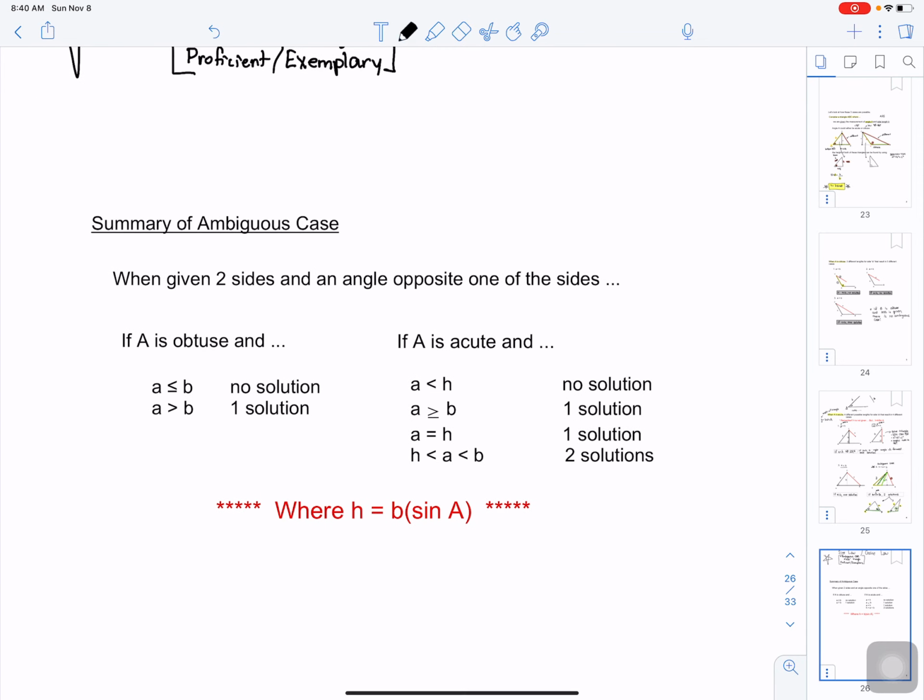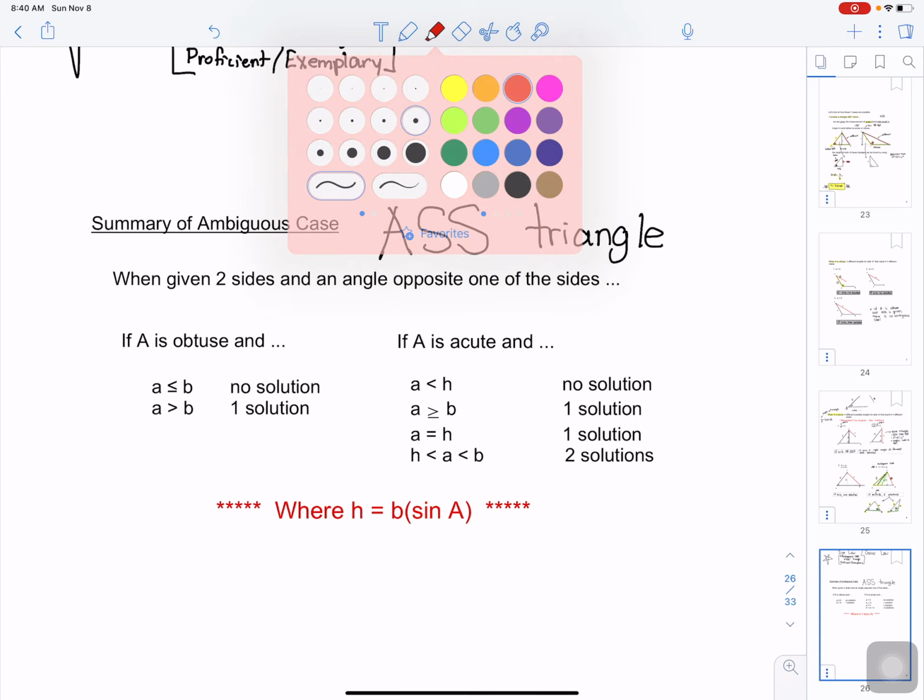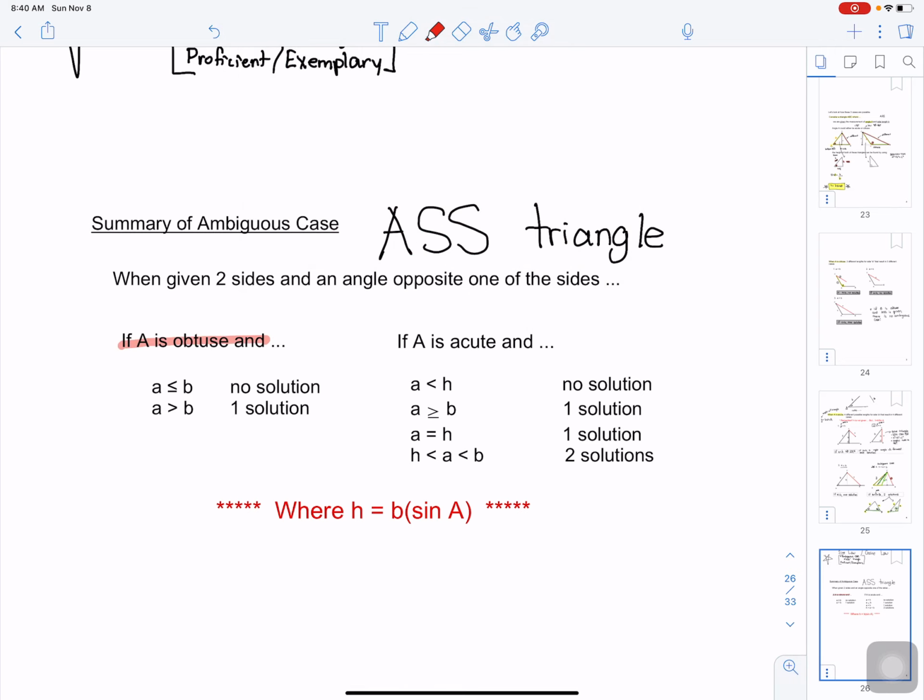You are going to get the ASS triangle. What's given in a question is an angle, a side, and a side right beside one another. If my angle is obtuse, which means between 90 and 180, if A is less than or equal to B, you have no solution.